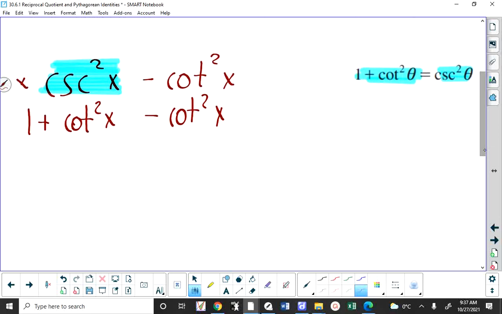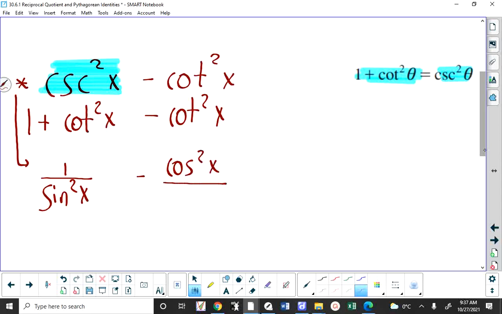So I'm starting from this line, and I would write 1 over sine squared of x minus cosine squared of x over sine squared of x. Is everybody okay with what I've done there?